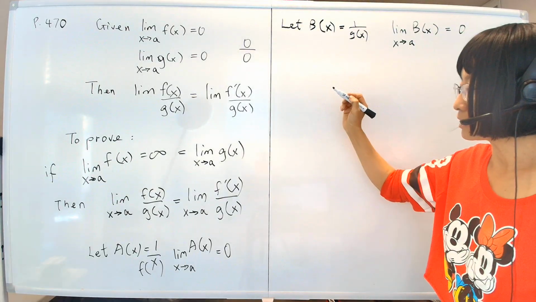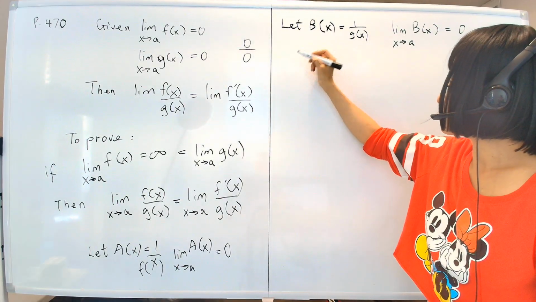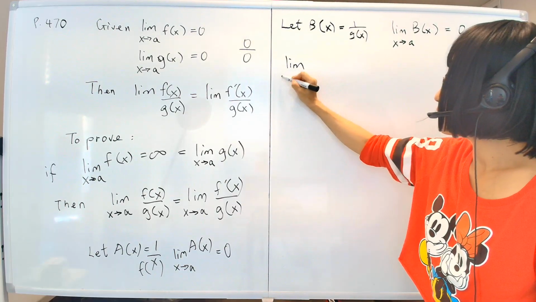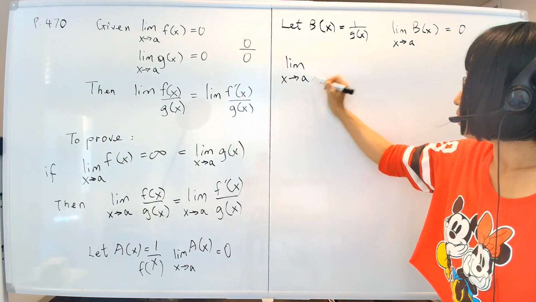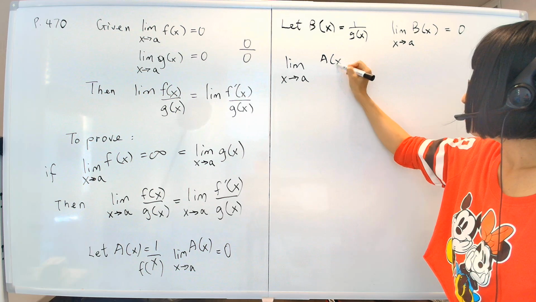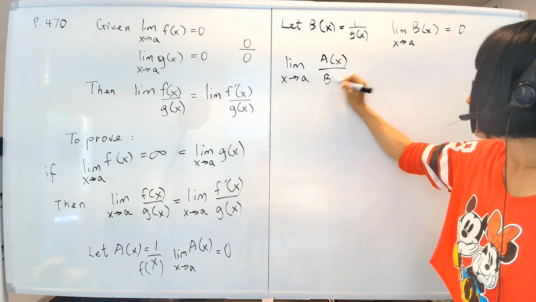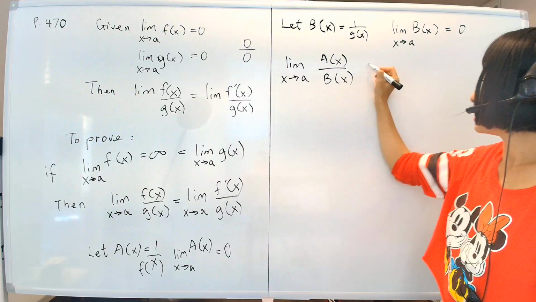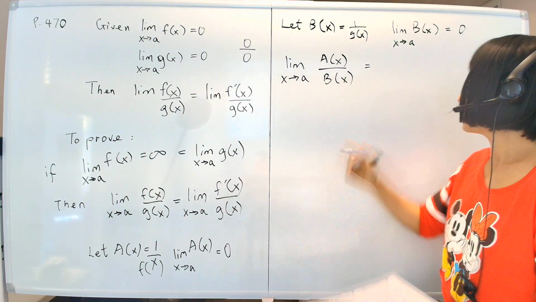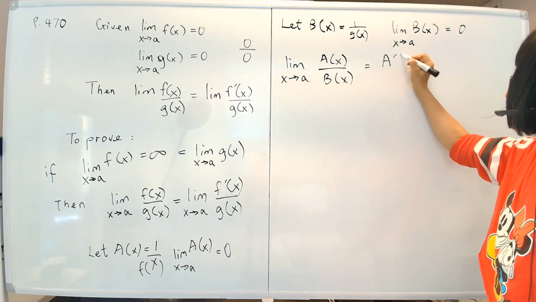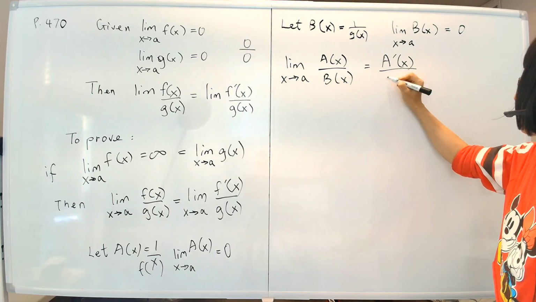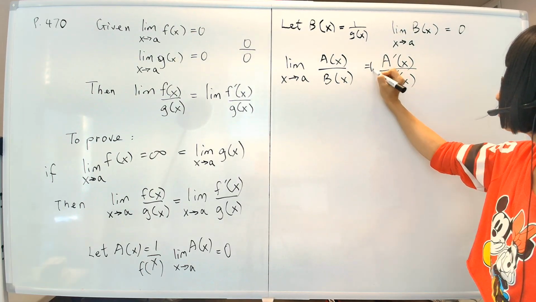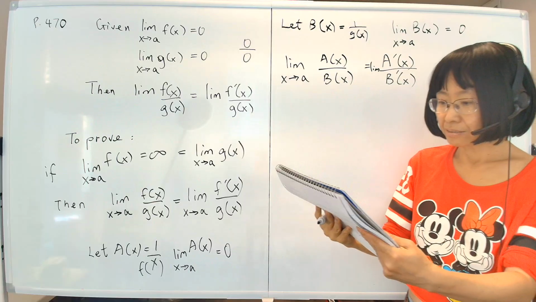So let's calculate the limit of a of x over b of x. Now by the L'Hopital's rule, 0 over 0 case, this equals the limit of a prime of x over b prime of x.